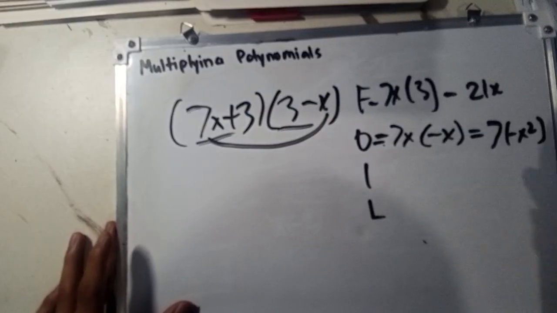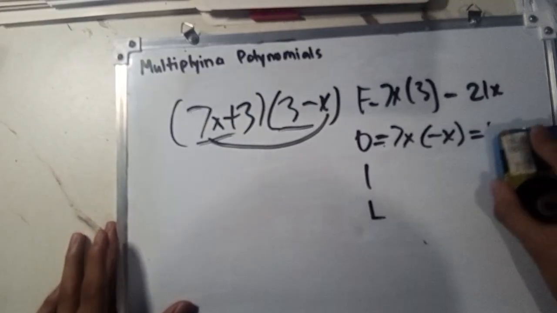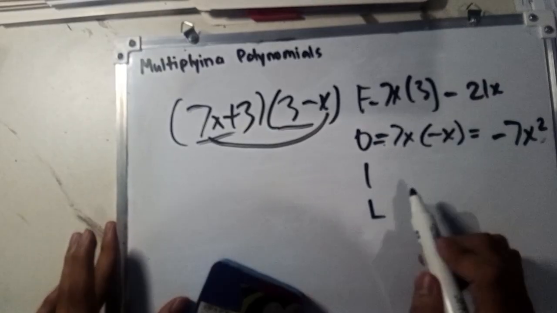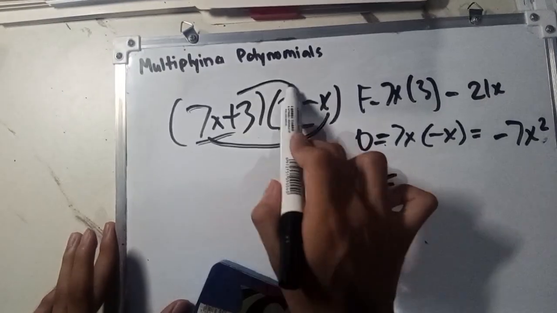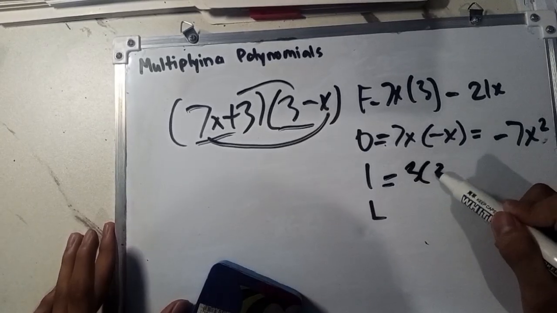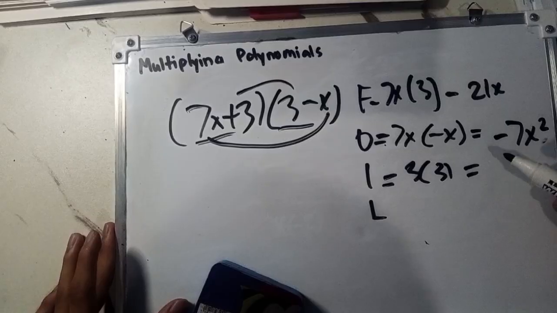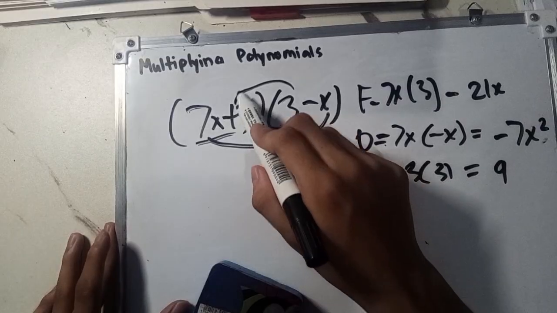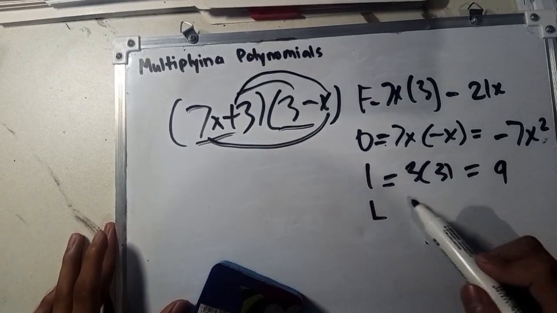And this is the same as negative 7x squared. Okay, so inner, you have positive 3 times positive 3, and that will yield positive 9. And lastly, positive 3 times negative x.